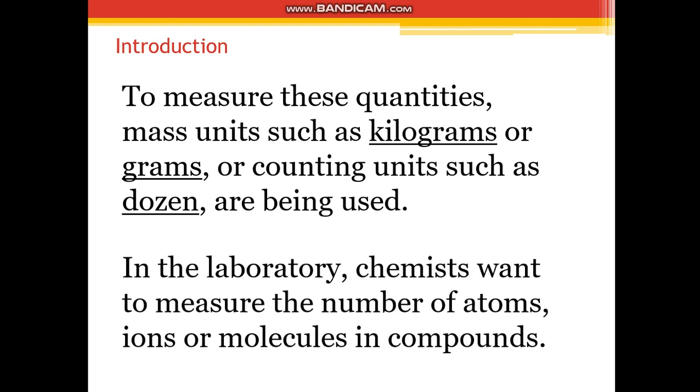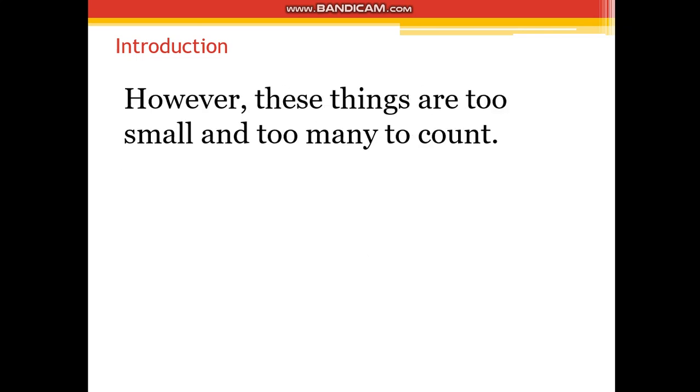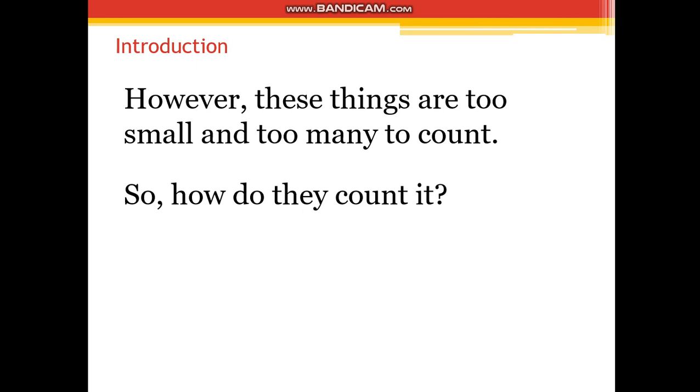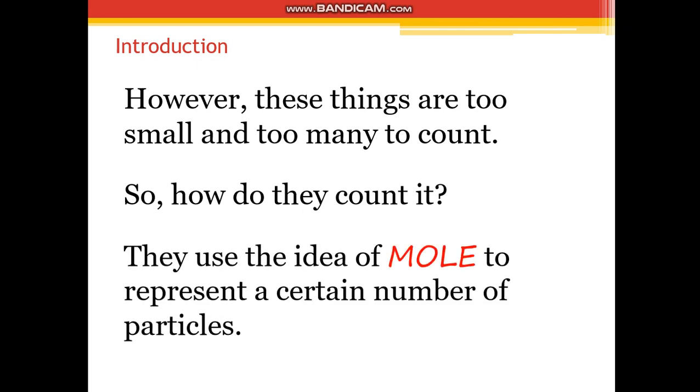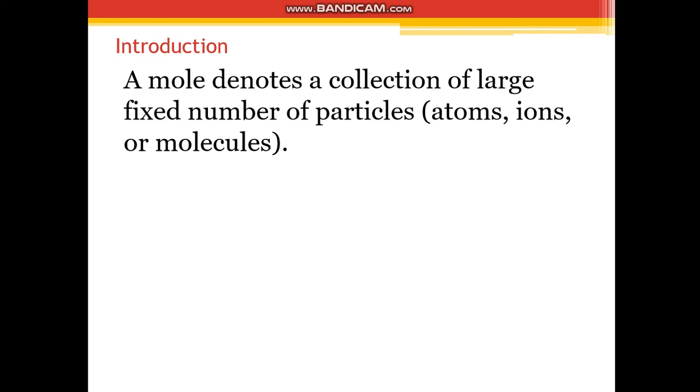In the laboratory, chemists want to measure the number of atoms, ions, or molecules in compounds. However, these things are too small and too many to count. So, how do they count them? They use the idea of mole to represent a certain number of particles.